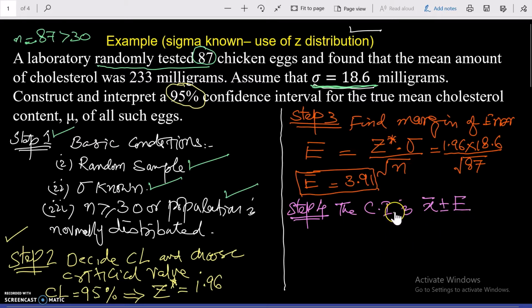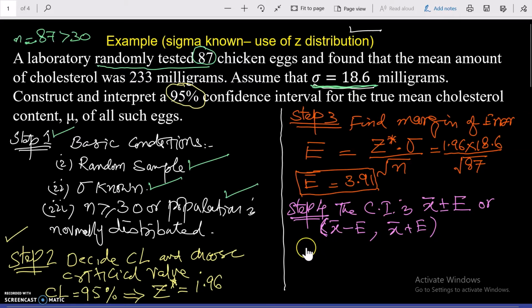I repeat, the confidence interval is the sample mean plus minus the margin of error, or I can even write it like this: the sample mean minus the margin of error, comma, sample mean plus the margin of error within these parentheses, just to show the confidence interval.